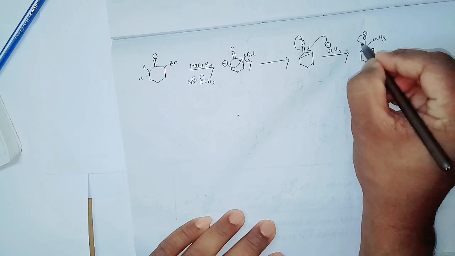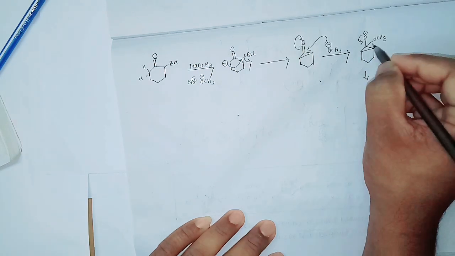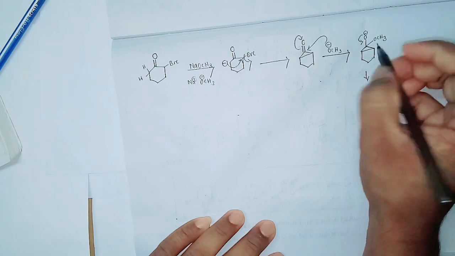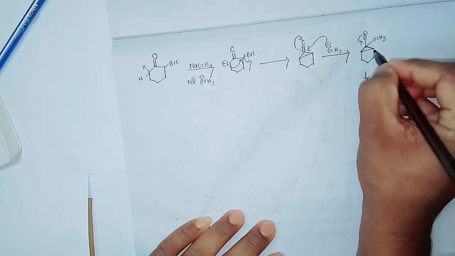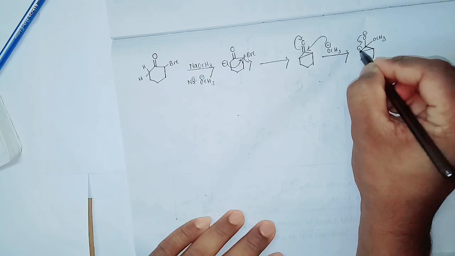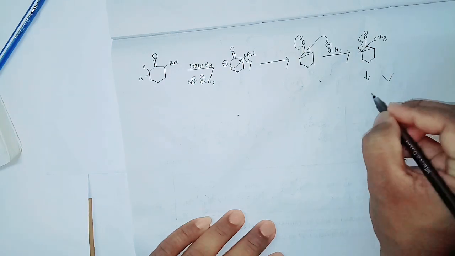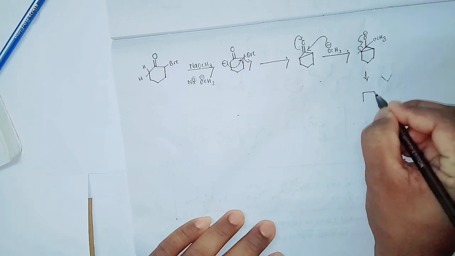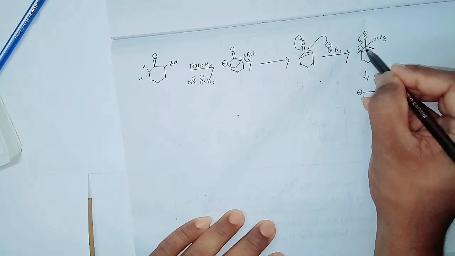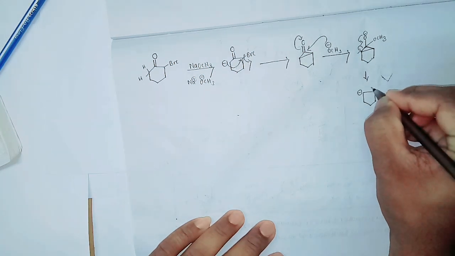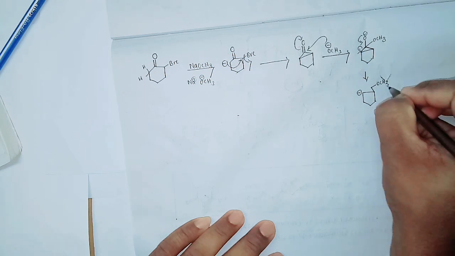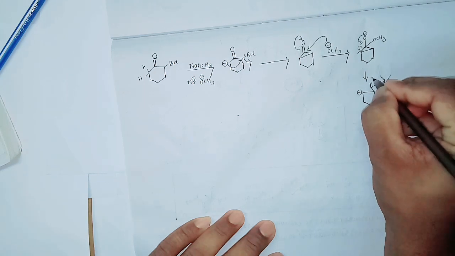When this negative charge shifts towards this side, this bond will shift. Then we get a negative charge because this bond shifts, and this is OCH3, this is double bond O.